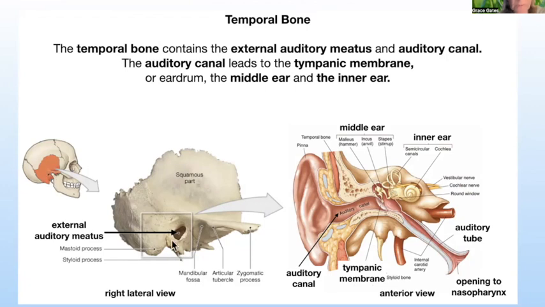There's a hole in them. That's the external auditory meatus. Okay, then from the external auditory meatus, in we go into the auditory canal. We see that tympanic membrane. We see the middle ear with the three middle ear bones, and then the inner ear, which we'll learn more about. And then finally, an auditory tube going to the nasopharynx, which we will learn more about.